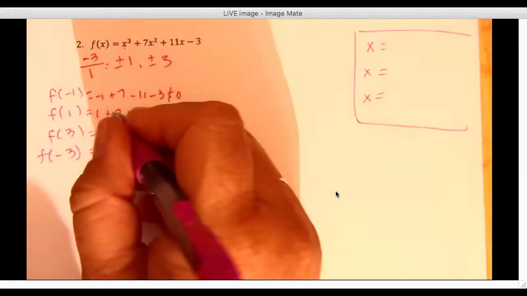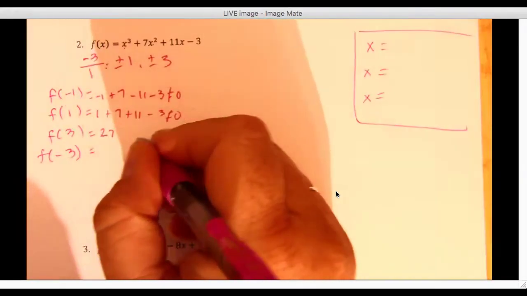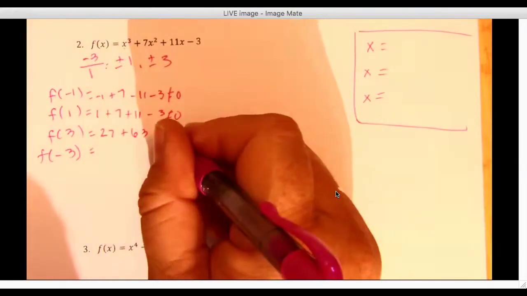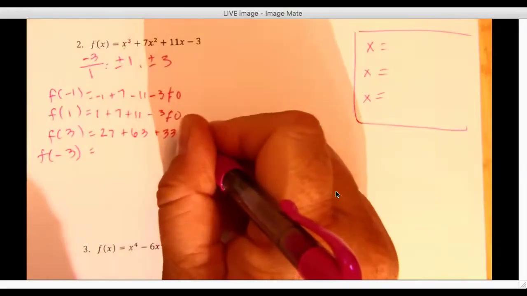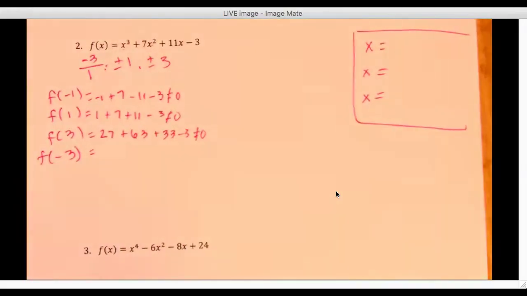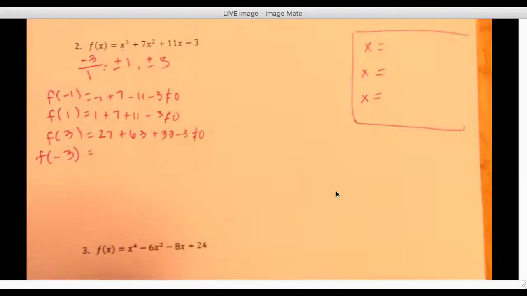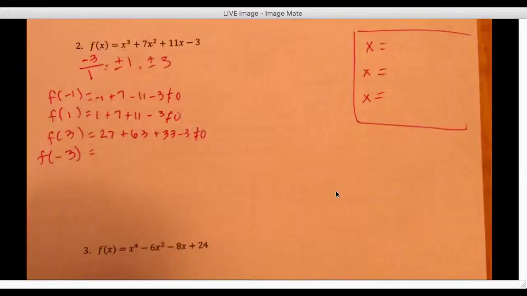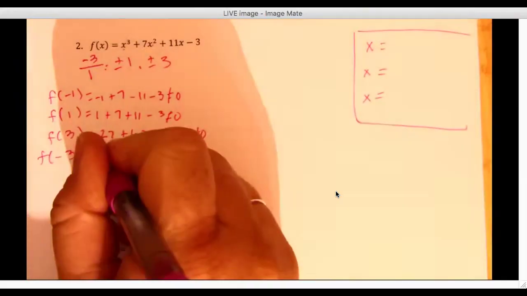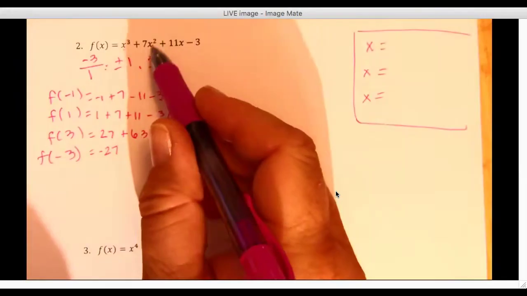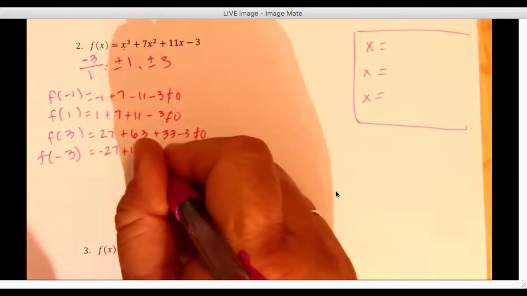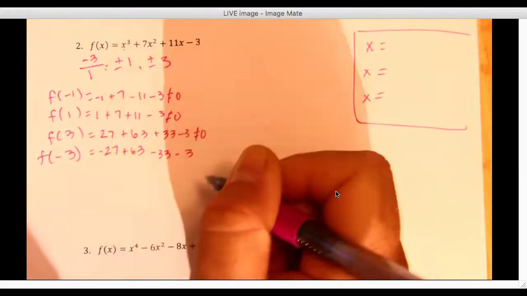Plugging in 3, I have 27, plus 63, plus 33, and then -3, and that is also not equal to 0. And then plugging in -3, let's see if that works. -3 cubed is -27. -3 squared is 9, times 7 is 63. And then -3 times 11 is -33, and then -3. And that does equal 0.